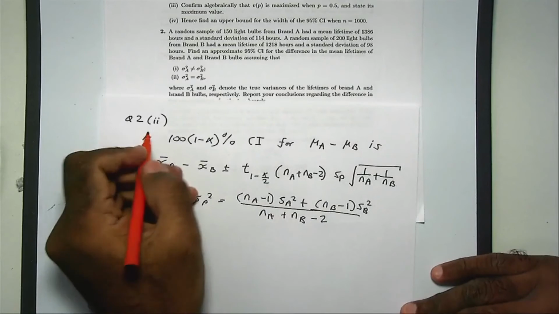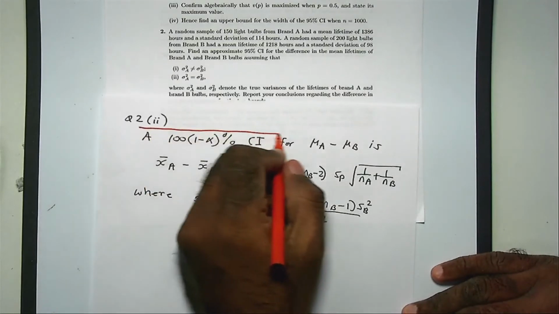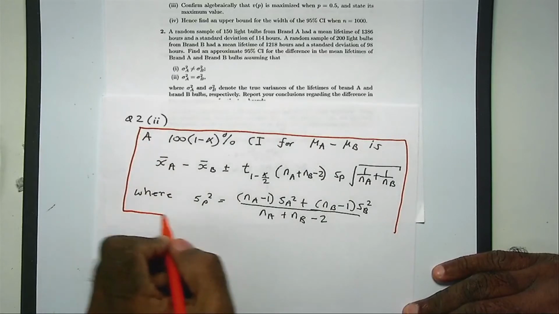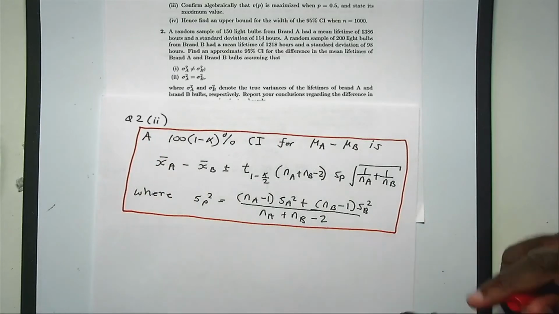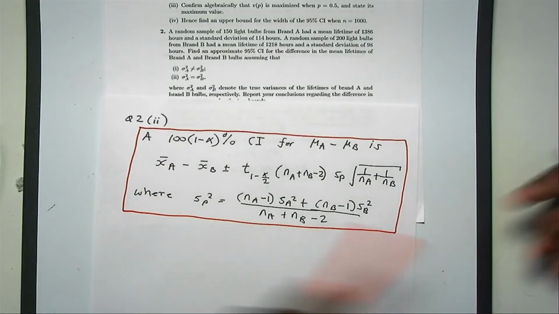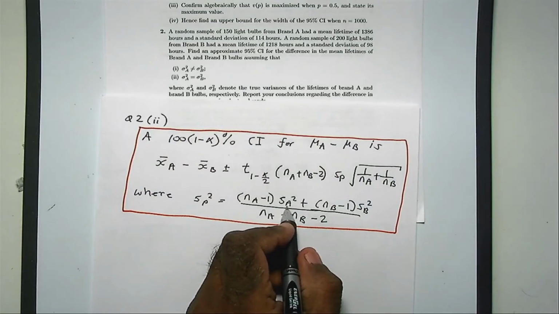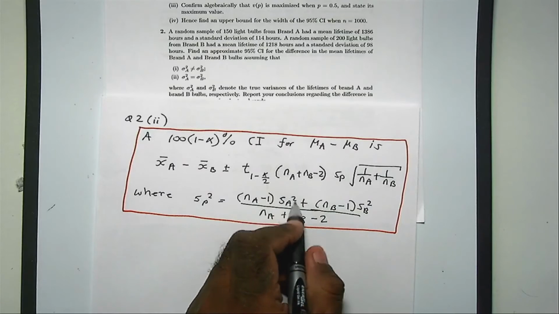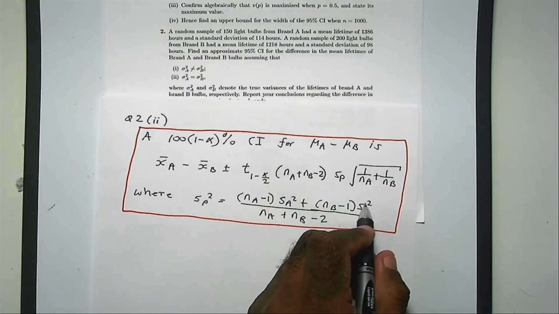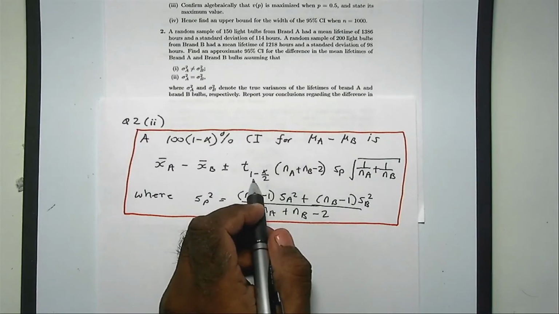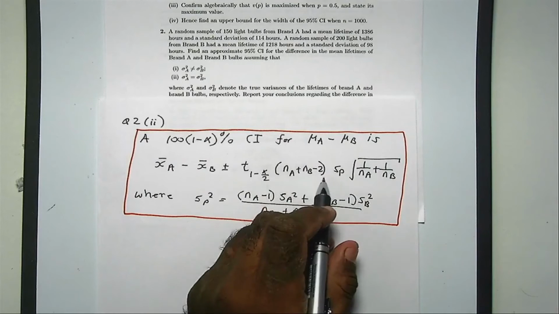But before I explain things, let me highlight this. In this formula, as you can see, I'm using the sample standard deviation. This is the sample variance for the first sample and the sample variance for the second sample, which we are not given, right? And also using the t percentile at this degree of freedom.